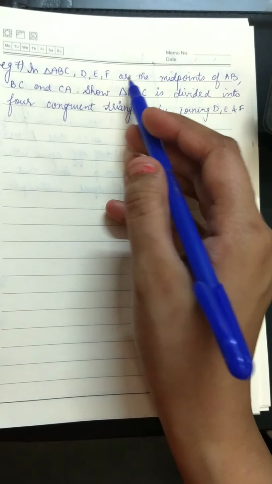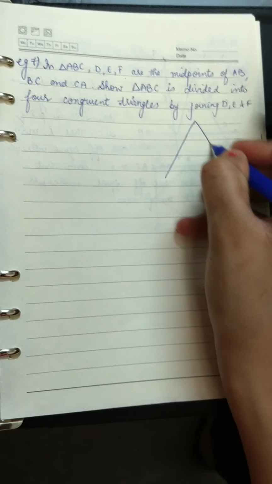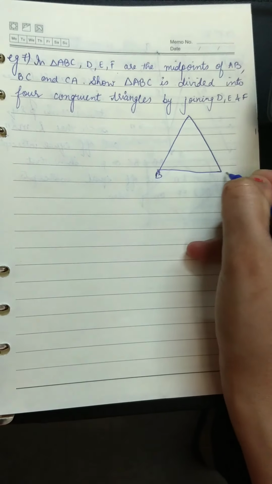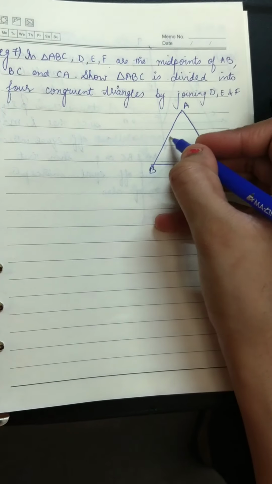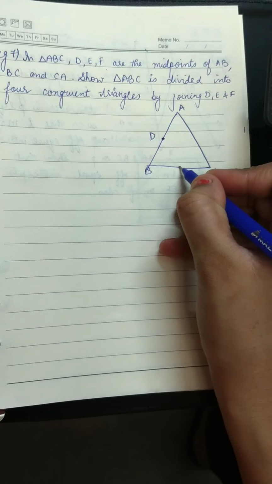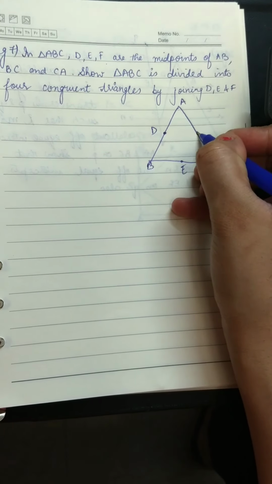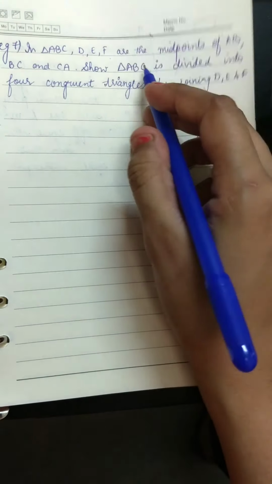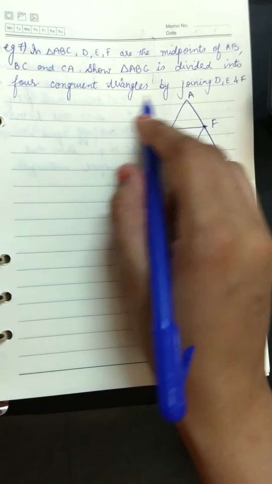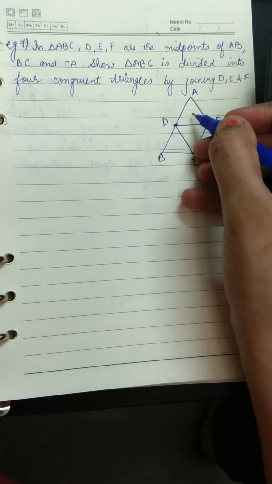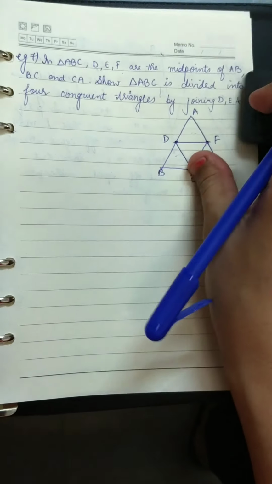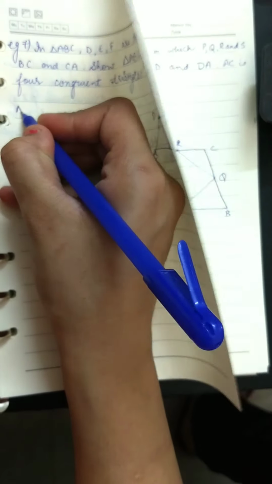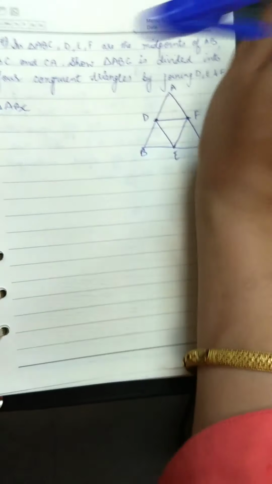Example: in triangle ABC, a triangle is given, D, E, F are the midpoints of AB, BC and CA. Join these. So triangle ABC is divided into 4 congruent triangles. We have to show that these 4 triangles are congruent. So first we consider triangle ABC.